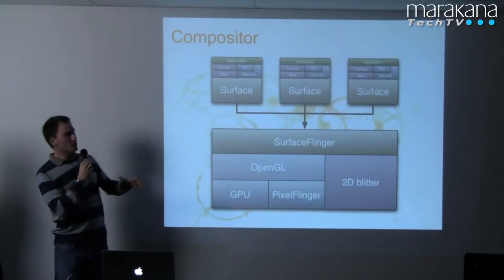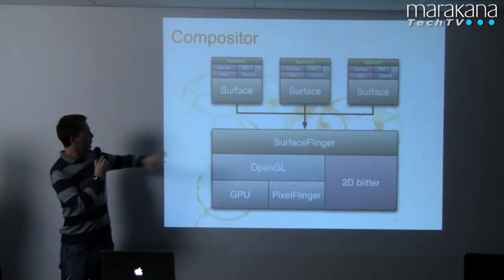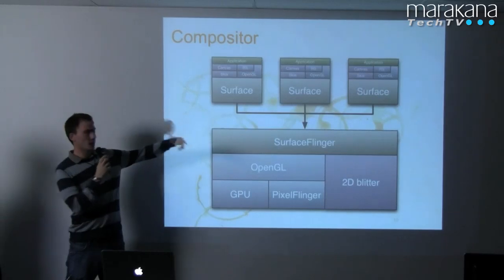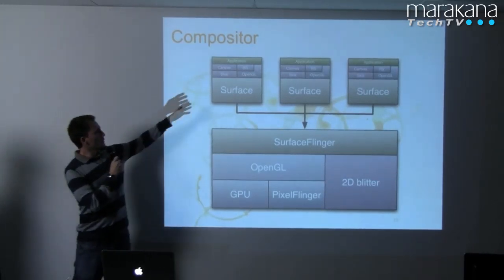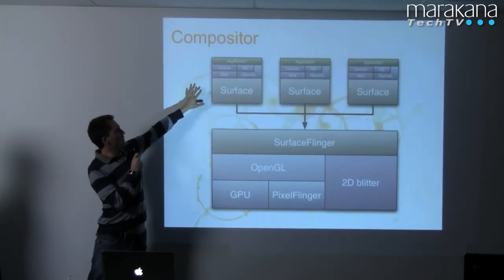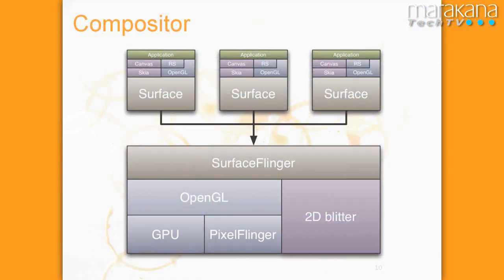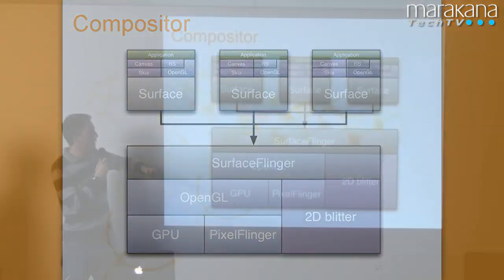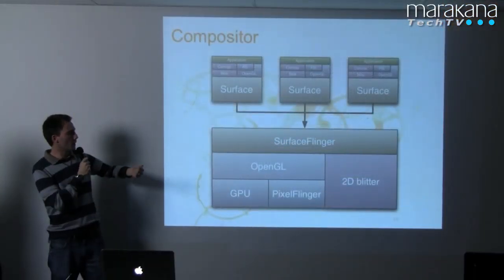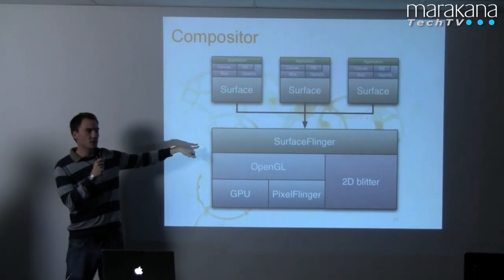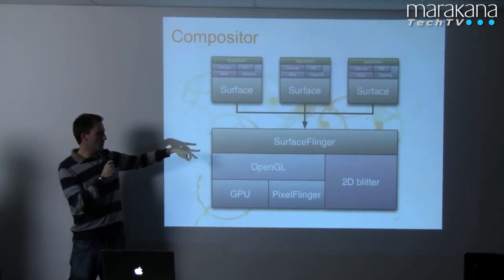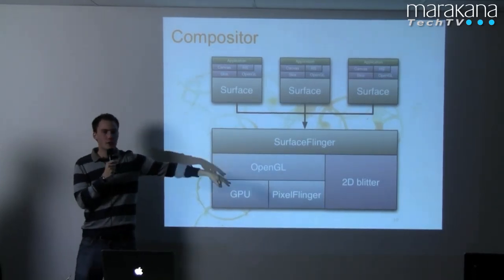Now, I mentioned Surface Flinger. The role of Surface Flinger is, like I mentioned, compositing windows. At the top here, this is the first diagram we saw. That's your application drawing into a surface. And all Surface Flinger does is take all the surfaces that are currently active on the system, actually the surfaces that are visible, and this is determined by the window manager, and simply composes them in a single frame buffer. So Surface Flinger, to do its job, uses either OpenGL or a 2D blitter.